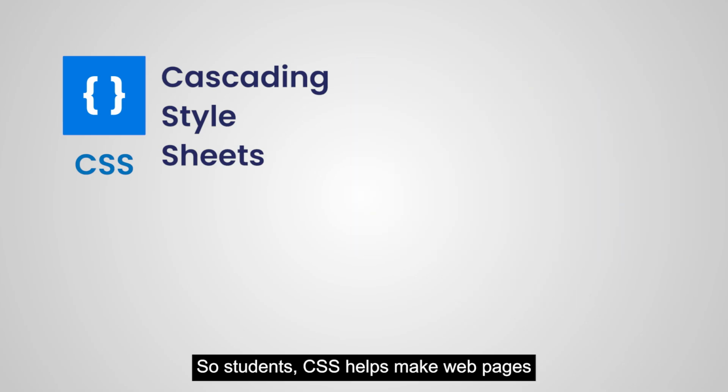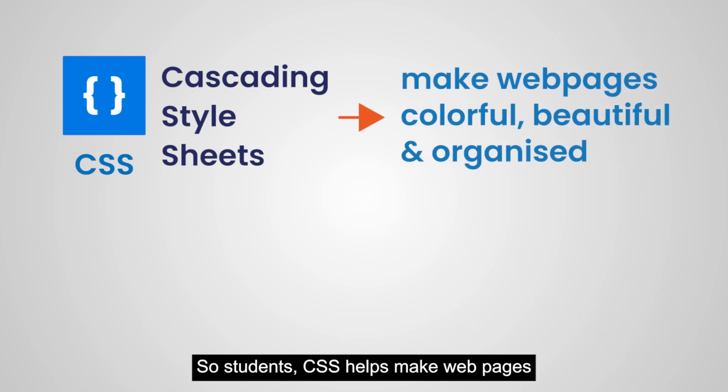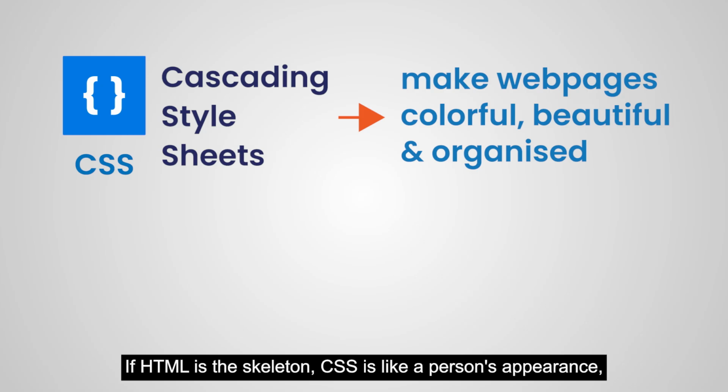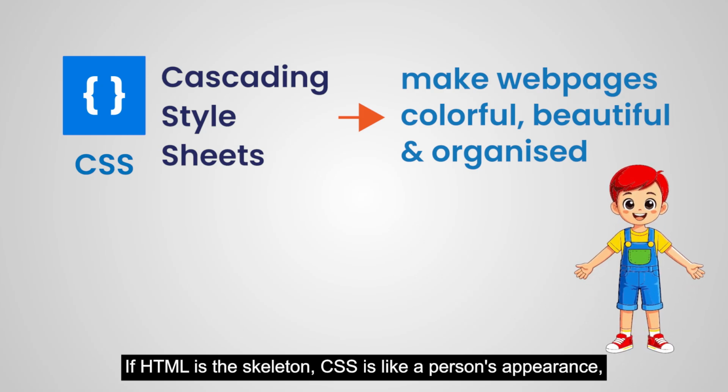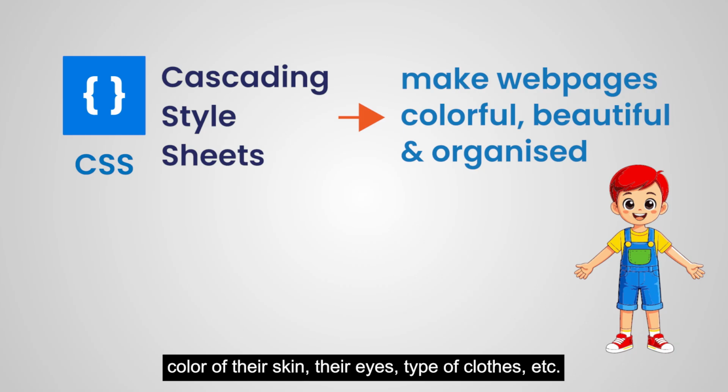So students, CSS helps make web pages colorful, beautiful, and organized. If HTML is the skeleton, CSS is like a person's appearance, color of their skin, their eyes, type of clothes, etc. Without CSS, a web page may look plain and boring.